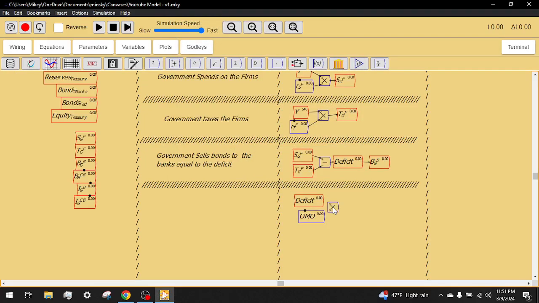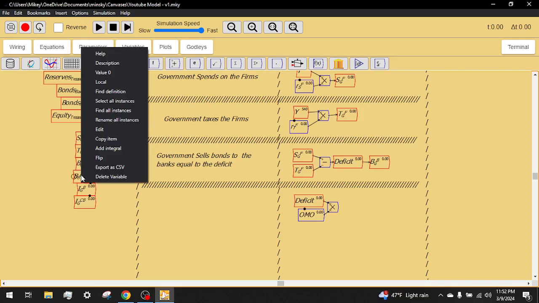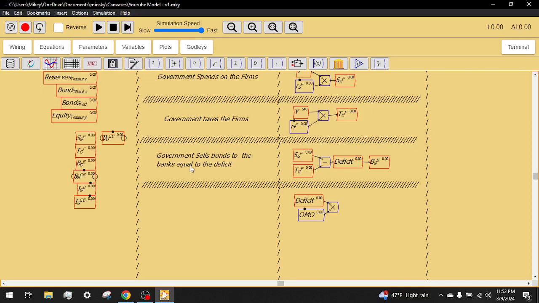We're going to multiply these two together. So the deficit multiplied by some ratio of the deficit is going to define the purchases of the bonds by the central bank, or equivalently the sale of bonds from the banks to the central bank. All right, so that's going to be that guy.